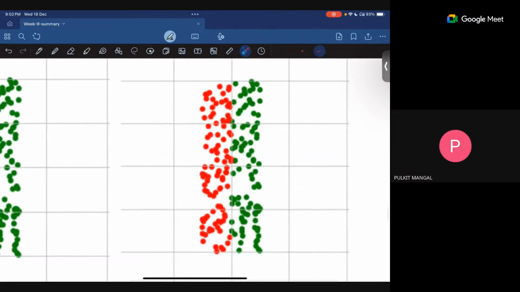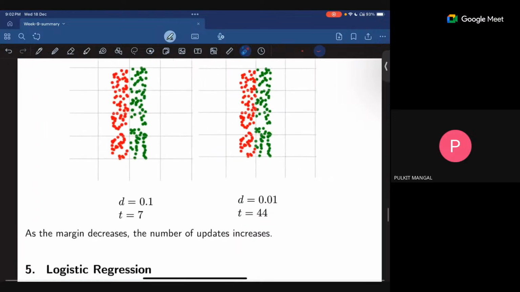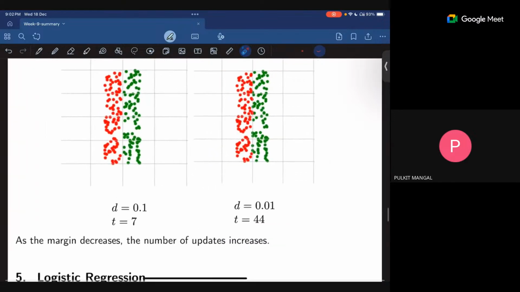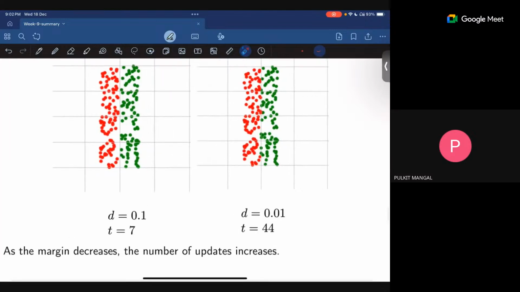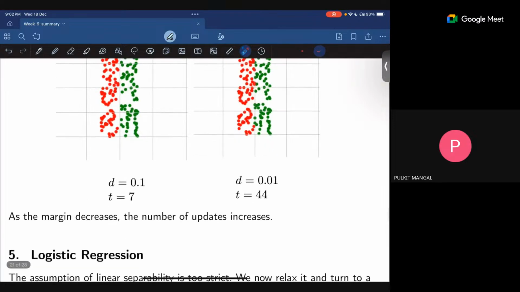Now in this one, the data points might look like they are not linearly separable, but there is some margin of 0.01, and it is just taking 44. So it is not going up to the actual bound; it terminates before that. We cannot find the actual number, but we can say it makes at most this many mistakes.